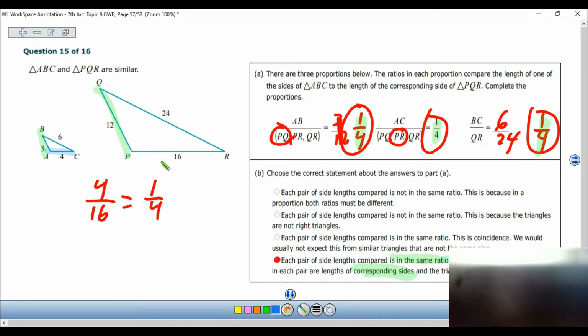AC is the same as PR, and BC is the same as QR. Does that make sense? And these triangles are similar. That is important. That's the reason all of that works.